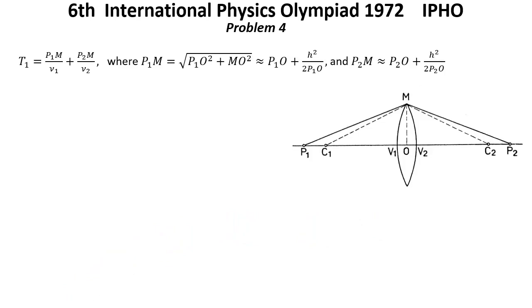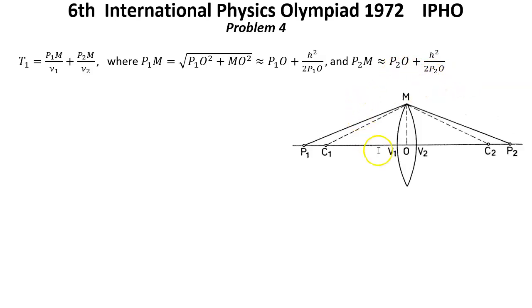We have T1 equal P1M over nu1 plus P2M over nu2, where nu1 and nu2 are the speeds of light in the represented mediums. So we have P1M equals the square root of P1O square plus MO square, which is approximately this expression, and the same thing for P2M, which is approximately this expression.